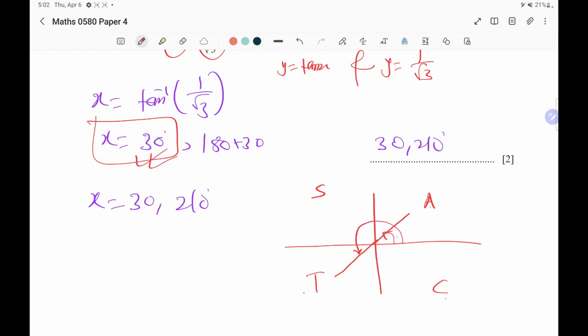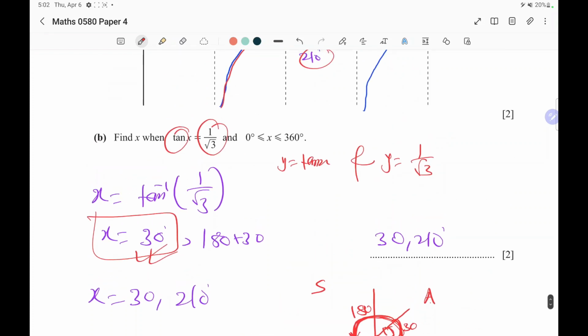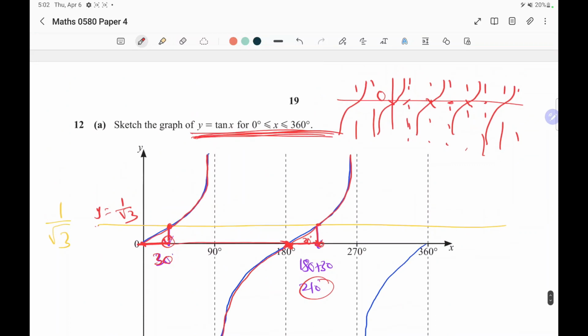This angle I already found as 30 degrees, and magnitude-wise this angle and this angle will be the same. So if it is 30, it will be 30, right? But I have to measure from here to here. From here to here it is 180, so it is 180 plus 30, that is 210.